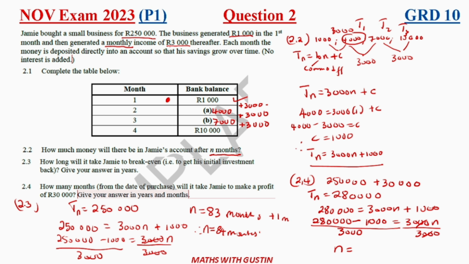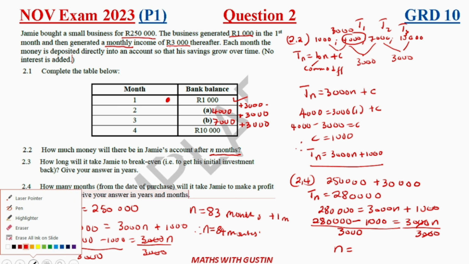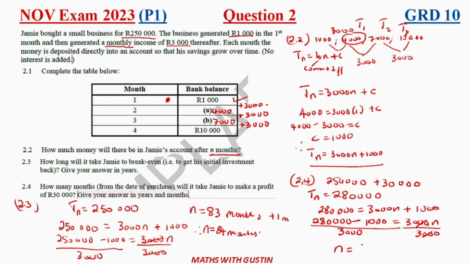I think it was 94, isn't it? Let me see. n is equal to 93, but however, don't forget that other extra month where there was 1000. The extra month of 1000 is therefore going to give us 94 months.